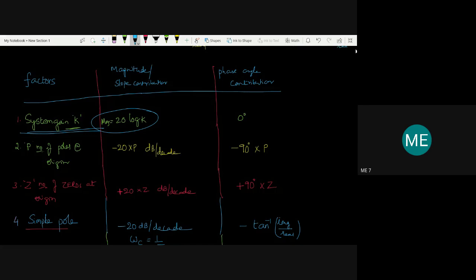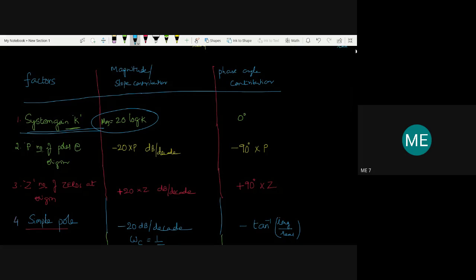Similarly, there are two things which you calculate for every factor: one is the magnitude, the other is the phase angle. For the factors other than K, the magnitude forms a line equation, and a line I cannot represent directly. So I take the slope of that line and algebraically add the slopes of all the factors present in the magnitude plot.